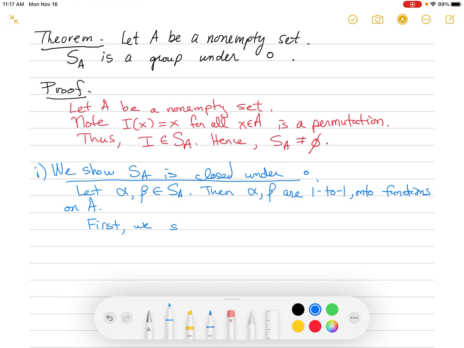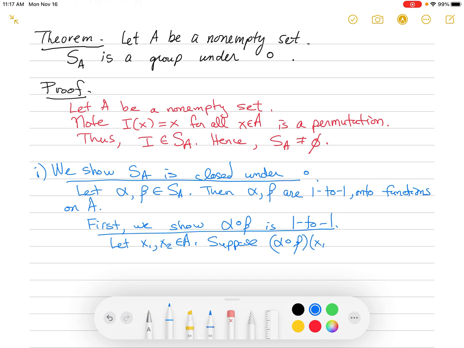So first, we show that the composition alpha composed with beta is one-to-one. So let's take two elements, x1 and x2 in A, and let's suppose that alpha composed with beta of x1 equals alpha composed with beta of x2.